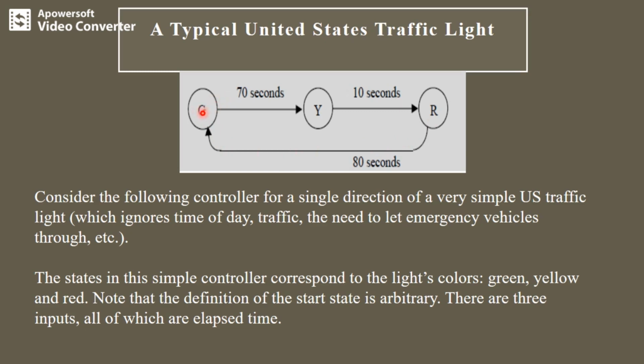If the traffic signal is in a green state, then after 77 seconds it turns to yellow, and after 10 seconds it turns to red. So this is a simple example of a Moore machine.